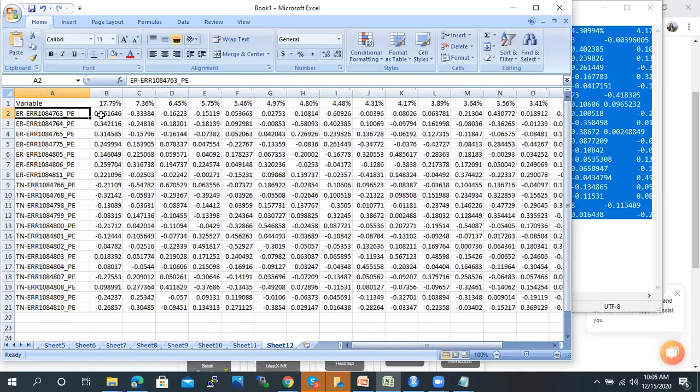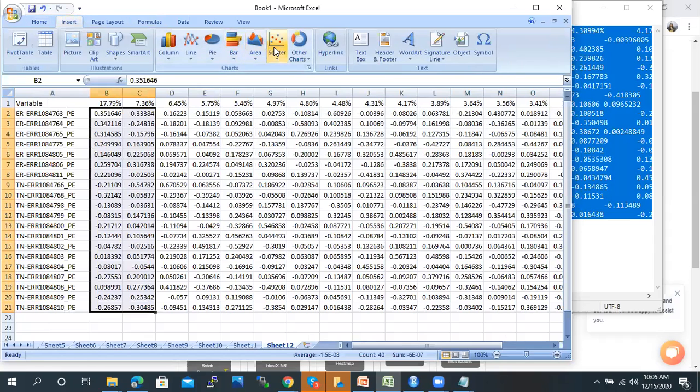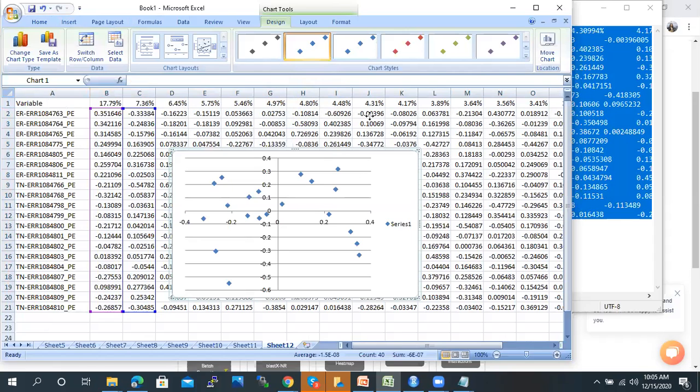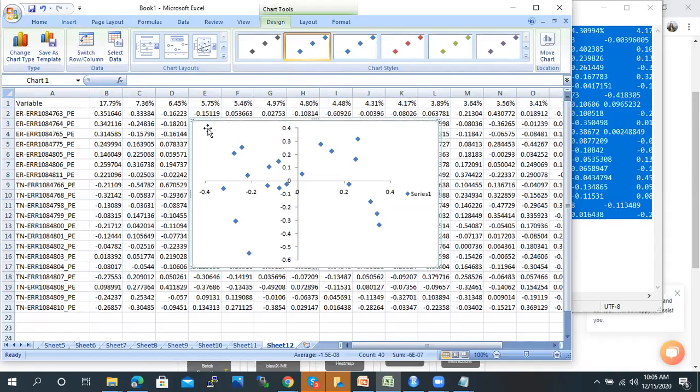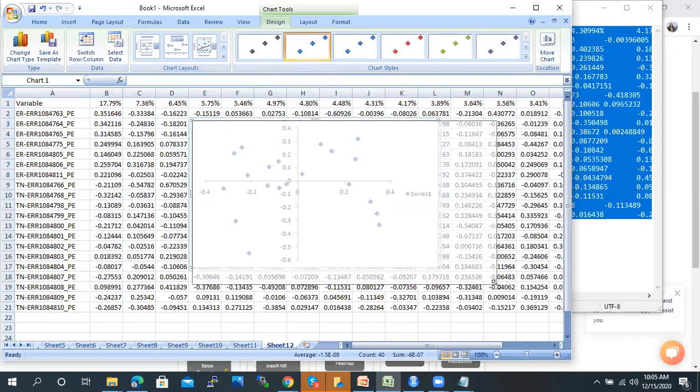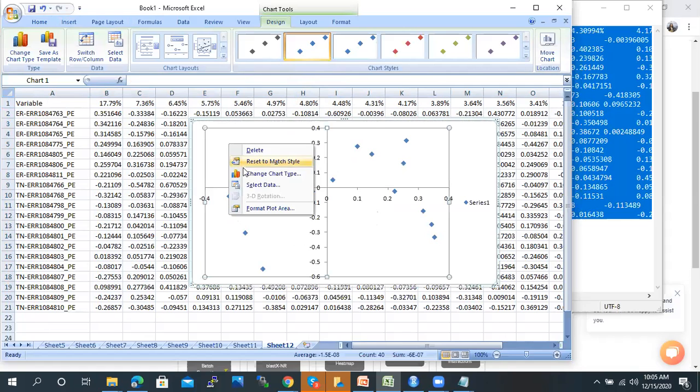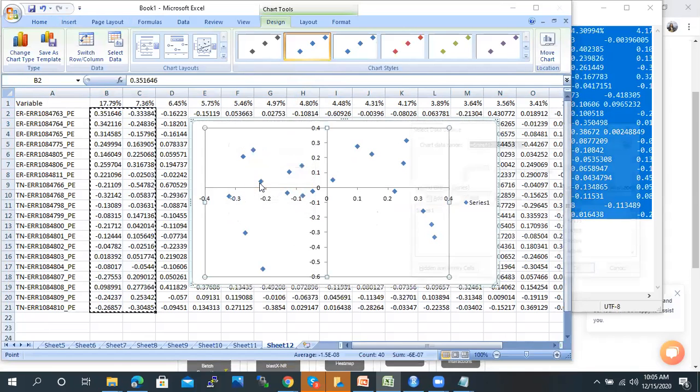If we take these two, let's plot a scatter plot. From this scatter plot we are unable to understand exactly what they represent, so we can make modifications to label each of these samples. How can we do that? Just click on this, select the data.